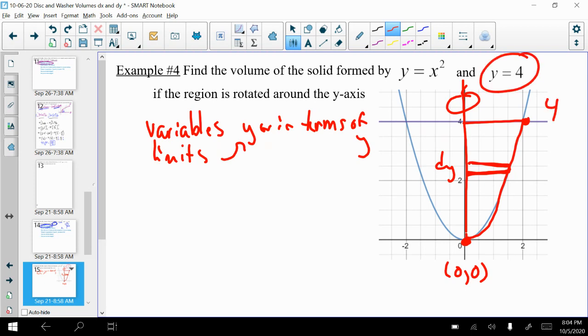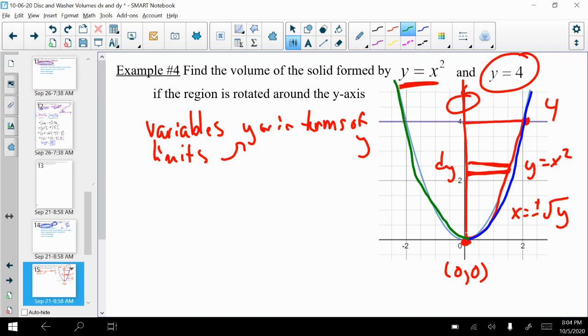We don't really care what the x is. That's not relevant to us. And then this is y equals x squared. If we solve it, we get x equals plus or minus square root of y. So you have plus square root of y on this side, minus square root of y on this side. Make sense? So we really just care about this positive one. So we'll just be using this plus root y.